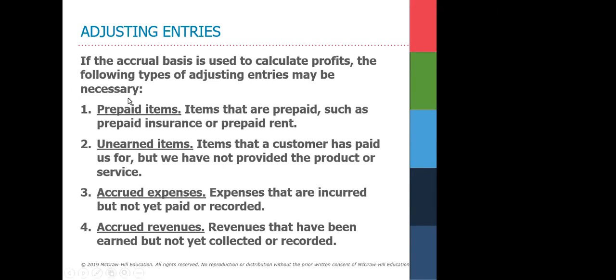So accrual basis, you're going to look at 4 different types of adjusting entries: prepaid items, items that we paid in advance, but already some of it expired or sometimes all of it, like prepaid insurance or prepaid rent. If you paid for December rent with January rent, December is used up by December 31, so 1 month expired.